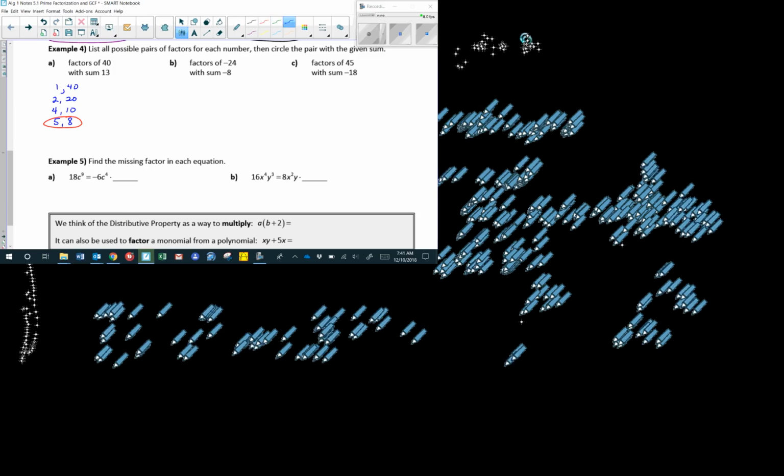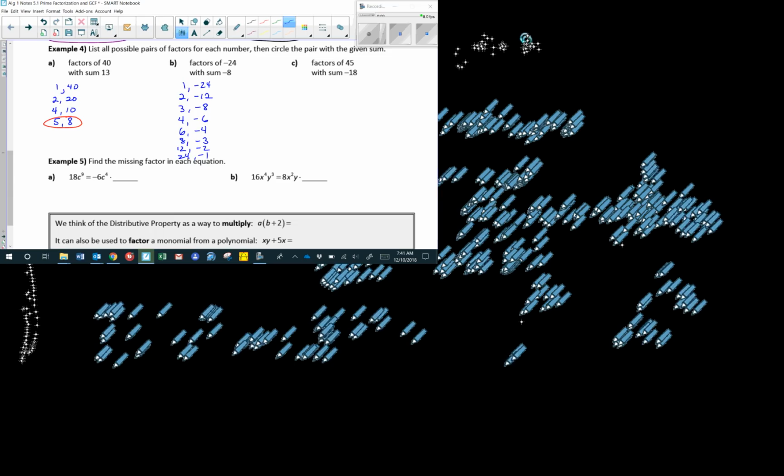All right, let's list factors of negative 24. Since this number is negative, remember that you have to have factors where one is negative and one is positive. So I can start again with 1 and the number, negative 24, 2 and negative 12, 3 and negative 8, 4 and negative 6, 5 doesn't divide evenly, and then we could say 6 and negative 4, 8 and negative 3, 12 and negative 2, and 24 and negative 1.